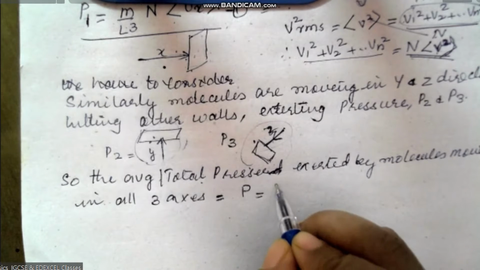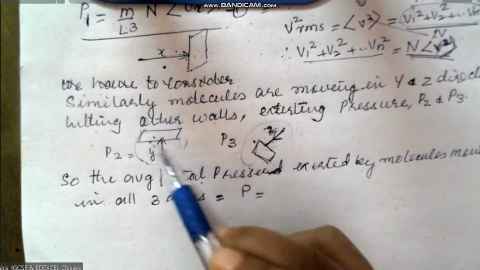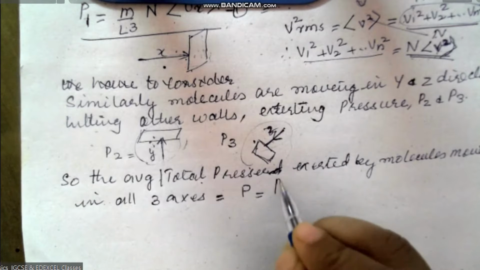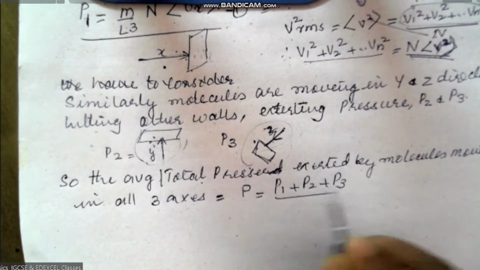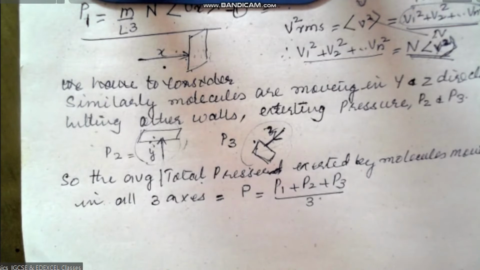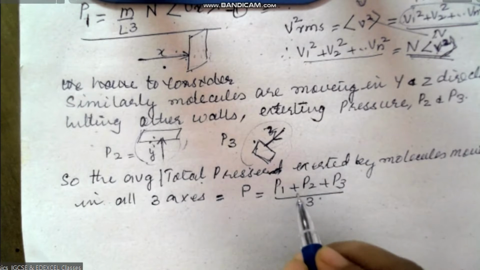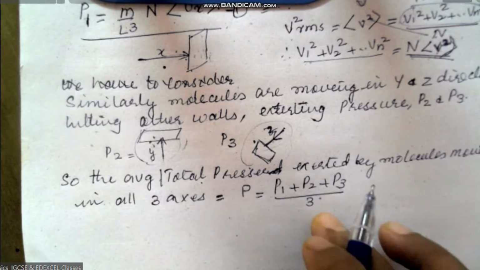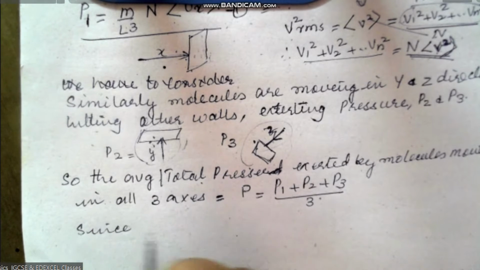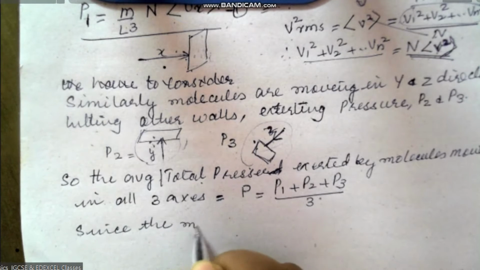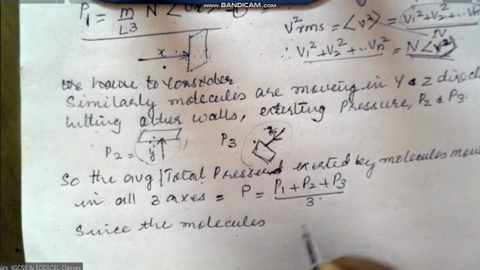You have to find the average of all the pressures, and since they move randomly, all these pressures are taken to be almost uniform. So what is the average pressure you have to consider? How will you find the average? There are three values. P1 plus P2 plus P3 divided by 3.